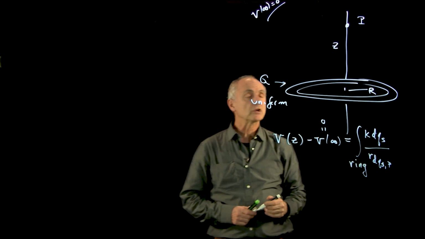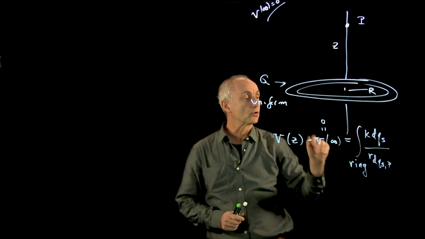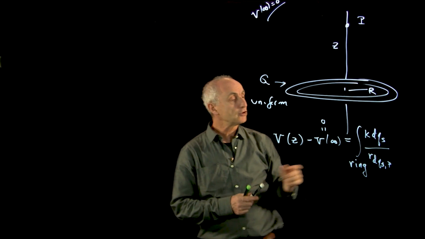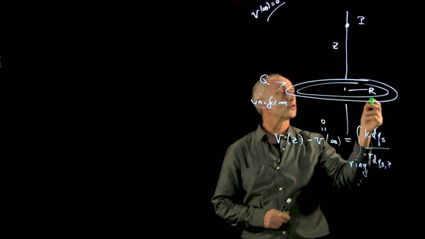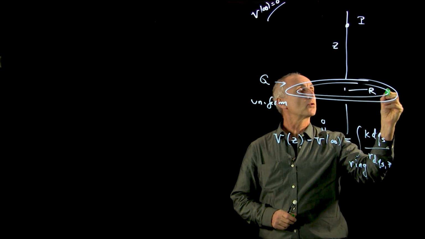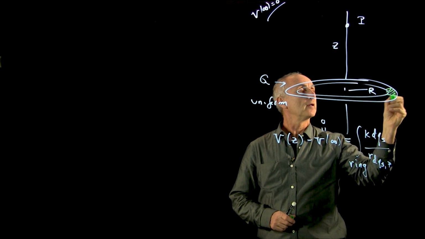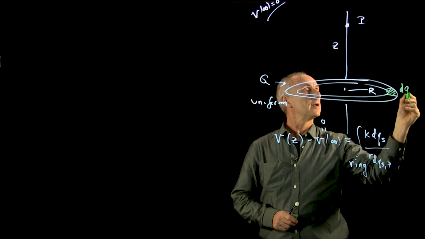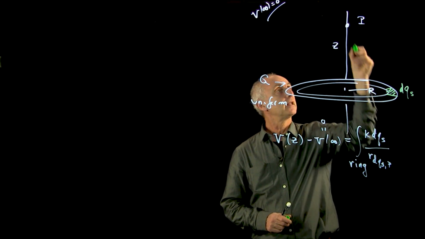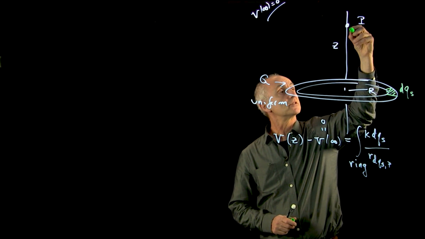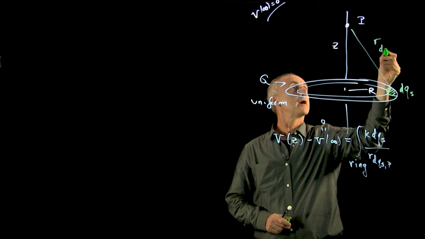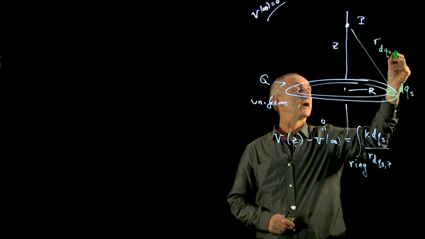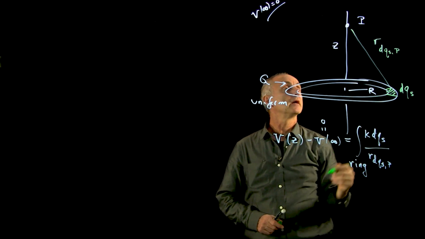Now, we can do this integral a couple of different ways. But first, the key point is to choose a source. And I'm going to pick my source over here, dqs. And remember, the key distance here was the distance from dqs to where our field point, P, is.